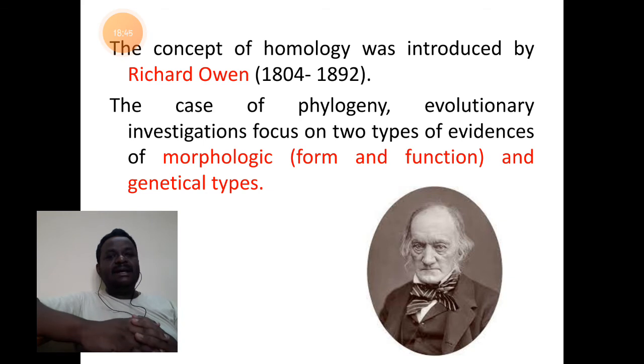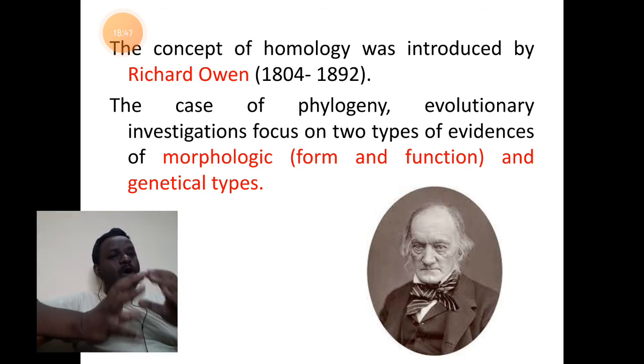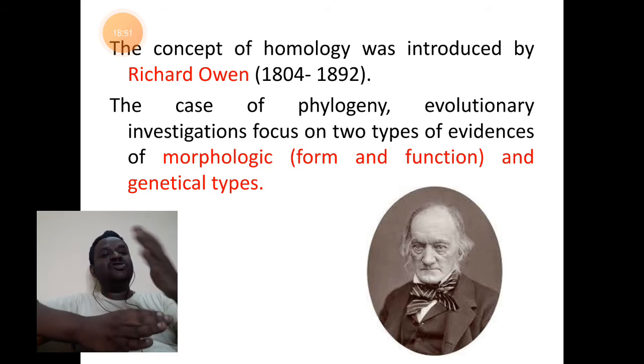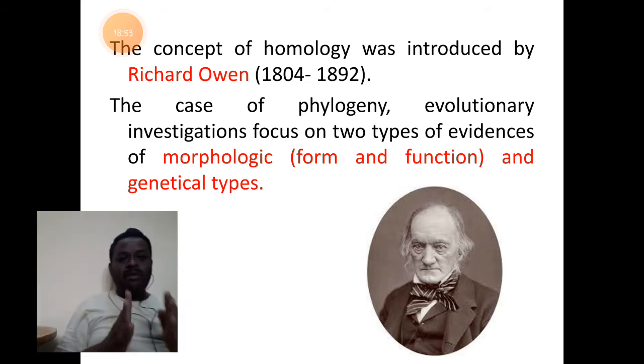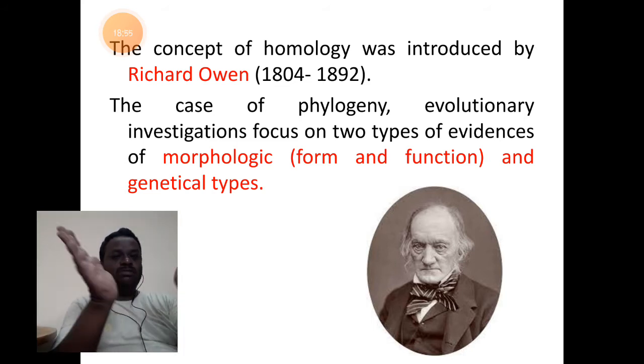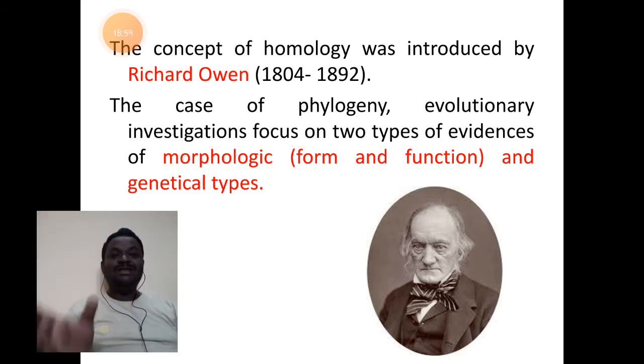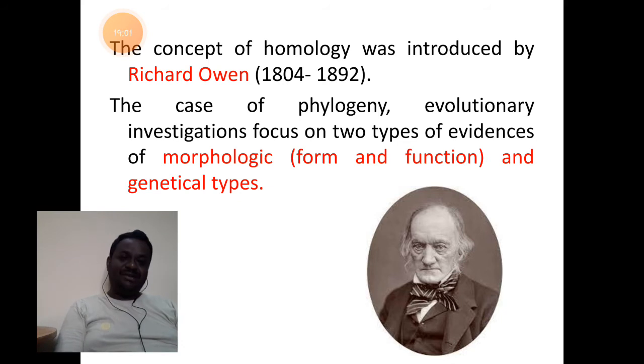Hence, homologous organs lead into divergent evolution. So one common ancestor forms many types of species of organisms but showing the similar basic structure. So structural organization remains the same but functions vary. So different species are formed.